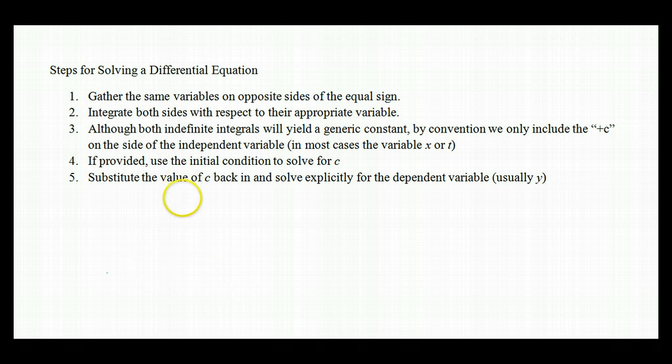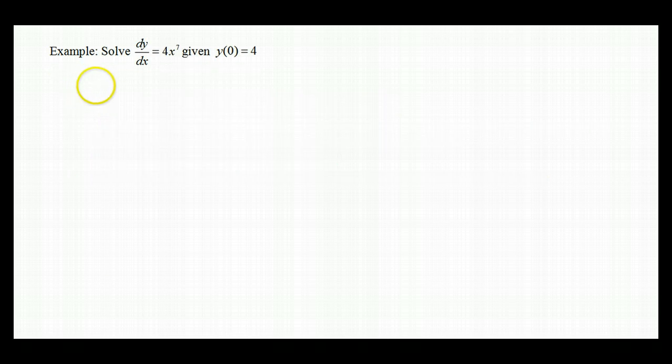So now let's go ahead and try a different example. Alright, let's work through another example. So solve dy dx equals 4x to the 7th given the initial condition y of 0 equals 4. So here we're going to go ahead and start by multiplying both sides by the dx.